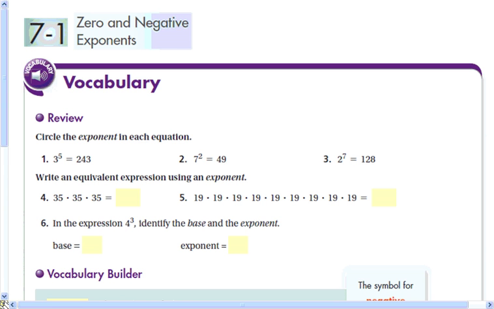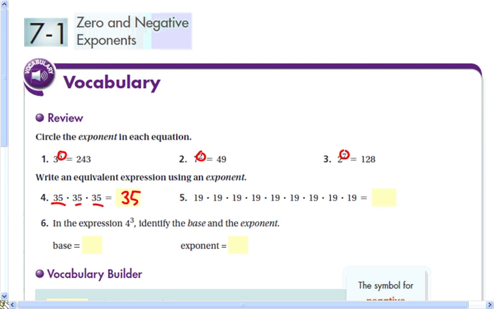All right. So the big idea here is how to deal with zero and negative exponents. Here are some review things. In general, the exponent is the little number there, so we'll circle the exponent in each of these. And what that tells you is how many times that base is a factor of that number. So here we see that 35 is a factor 3 times.